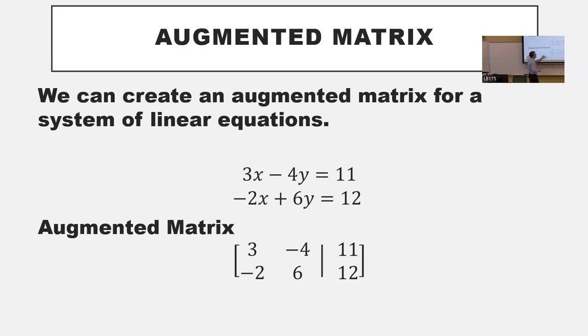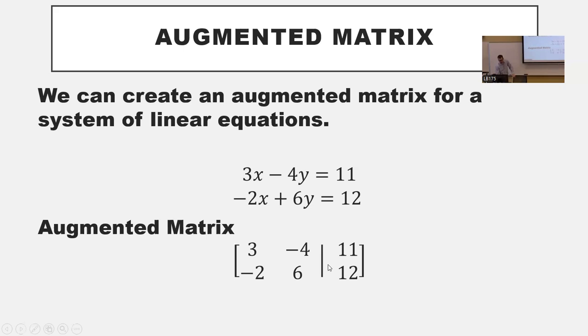Each row of the augmented matrix is just the coefficients of the variables, and then on the very right-hand side, the constants. Each column represents coefficients of the same variable, x, y, or on the very right-hand column, the constant.